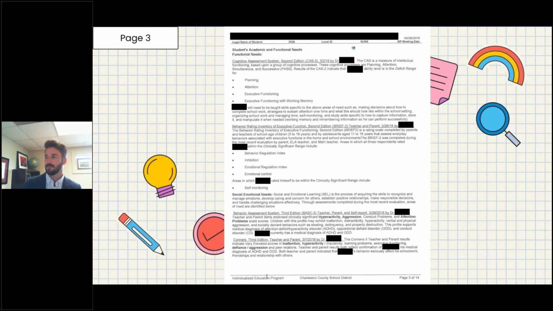These processes are planning, attention, simultaneous, and successive. And essentially this is a test to see if this child's ADHD is impacting their learning, basically, right? So again, this is a cognitive processing test.